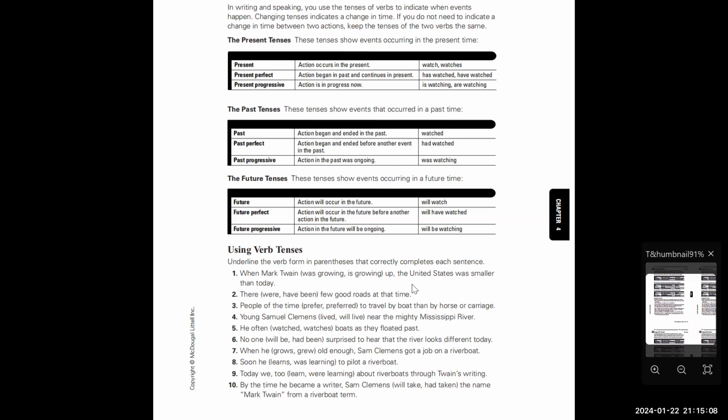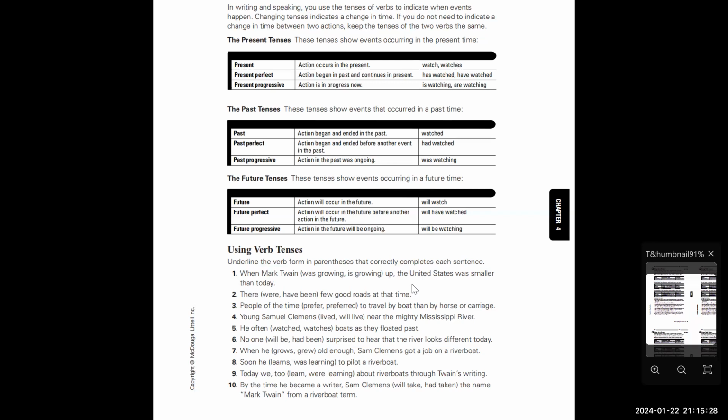"People of the time preferred to travel by boat than by horse or carriage." Okay, your answer is with "ed." Yes, I think so.